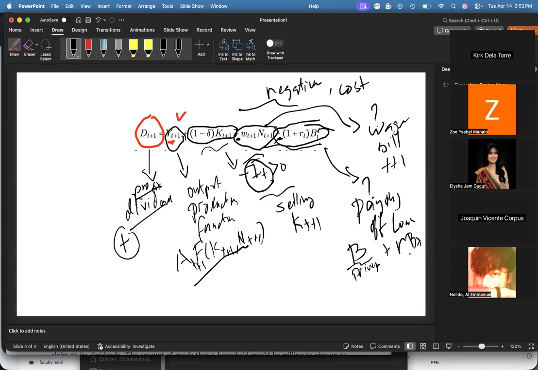R and then B, which is your interest payments. Correct, everyone? Everyone's following? So that's it. We've got the good stuff here in front, and then the things that you have to pay here. Whatever is left, you bring it home.